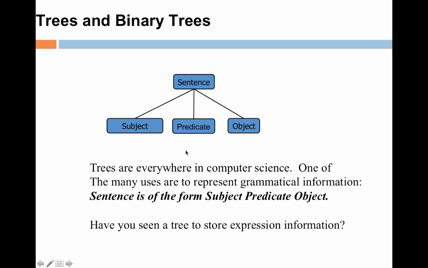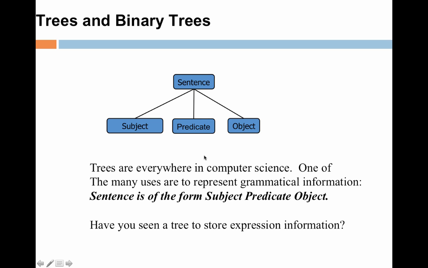For example, we can say Rama married Sita. Clearly this is a sentence, and Rama is the subject, the predicate is married, and the object is Sita.